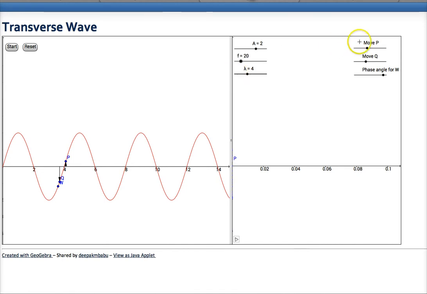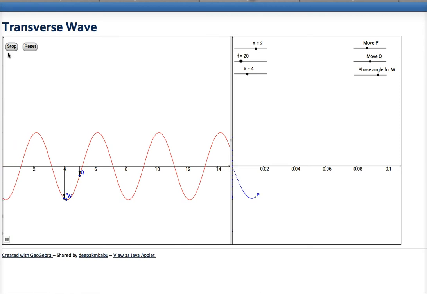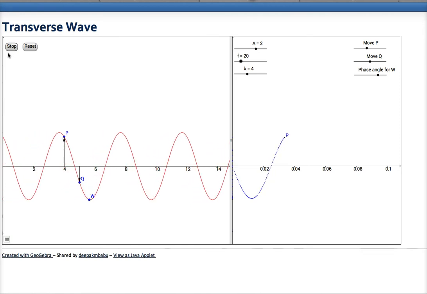Amplitude was 2. Position of P was 4. Position of Q was 5. To start with, phase angle, we said W is at the bottom. Now I've changed the frequency. Everything else is the same. The only thing that's different now is the frequency, which is now 20 Hertz instead of 10 Hertz. See what happens when I press start. Look at the right side graph.